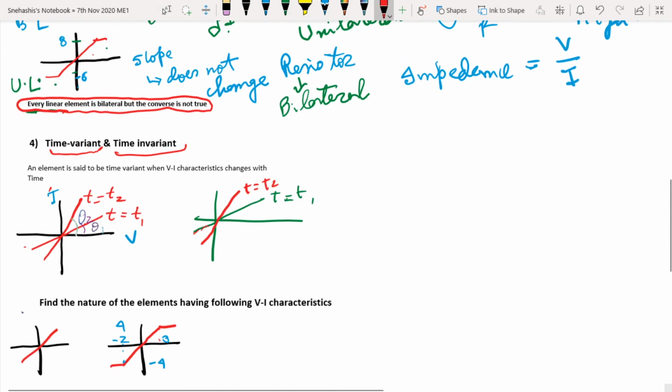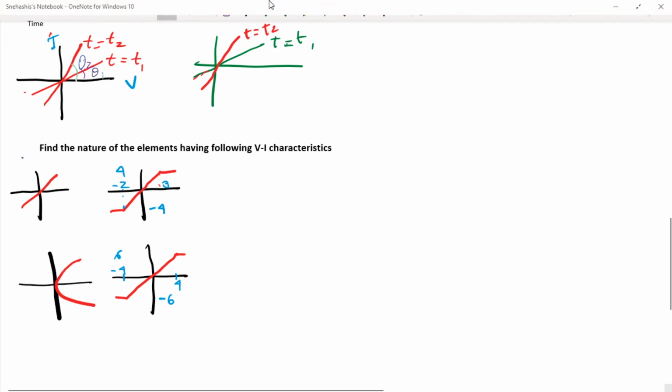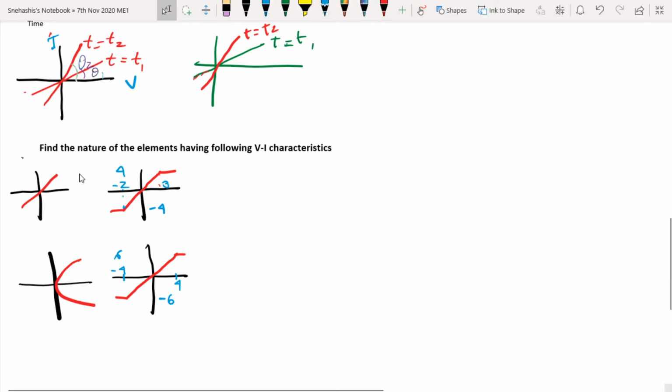Now let's discuss four given diagrams and what type of nature they have. You can see that some magnitudes are also given. For your clarity I am writing IV.